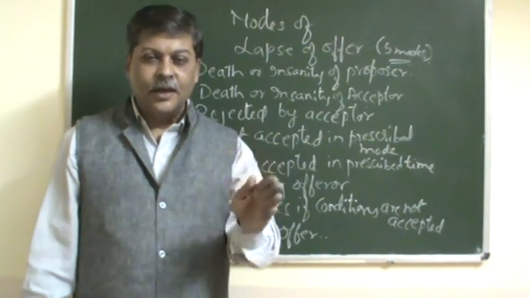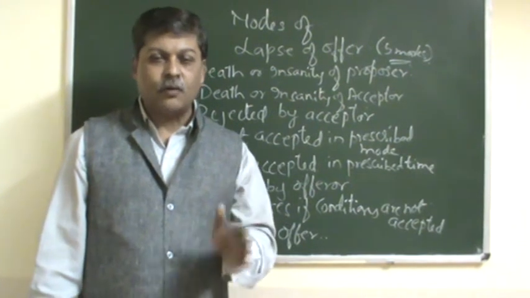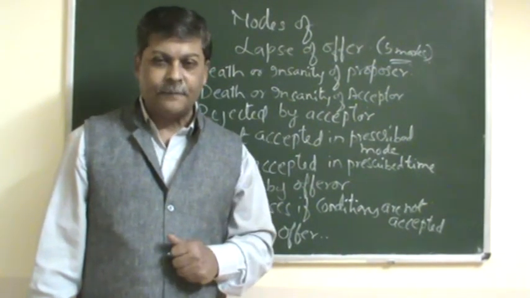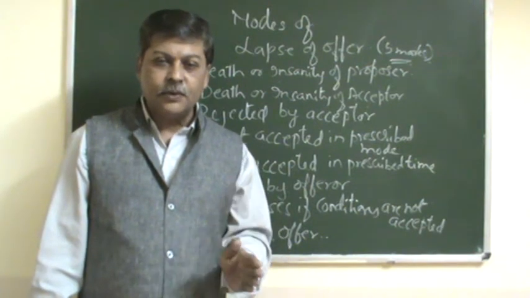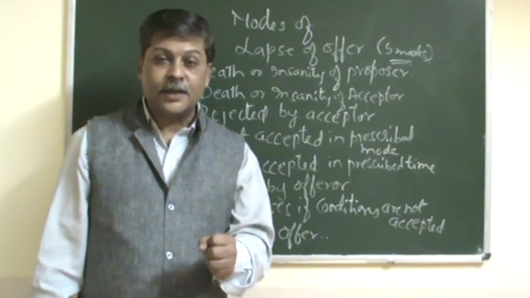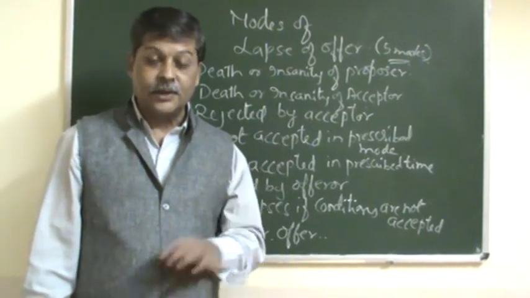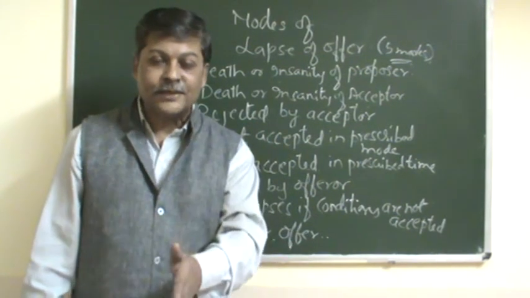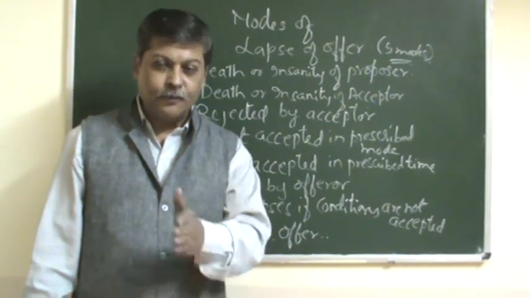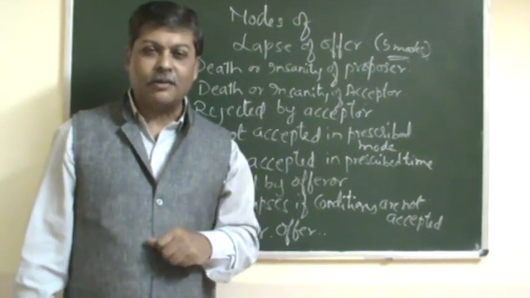For example, A has made an offer to sell his car to B for 1 lakh rupees, and he has posted a letter, and B has received the letter. Before he gives the acceptance, he learns that A has died. The death has occurred before acceptance is given by B, so that offer is said to have lapsed.